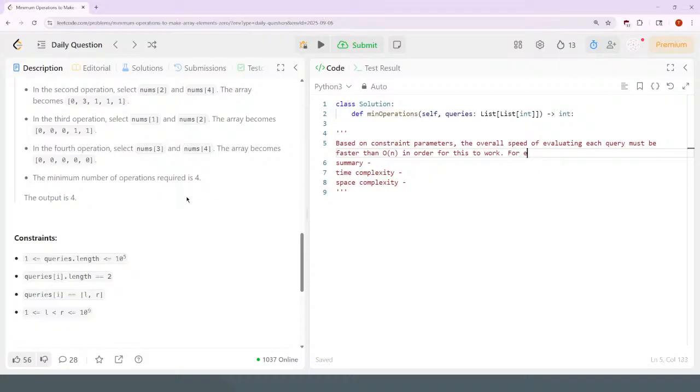So, for example, if a query is, let's say, 1 to k, I must be able to determine the number of operations faster than that.